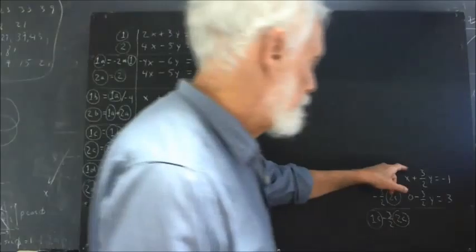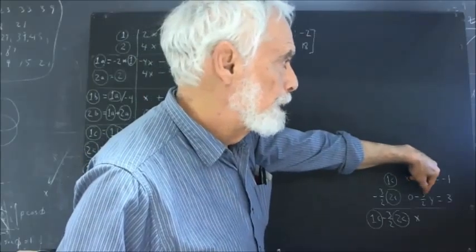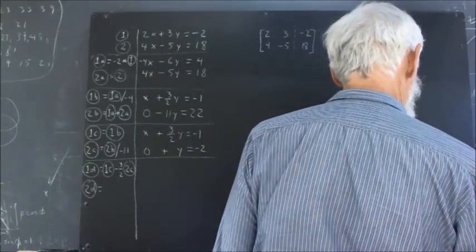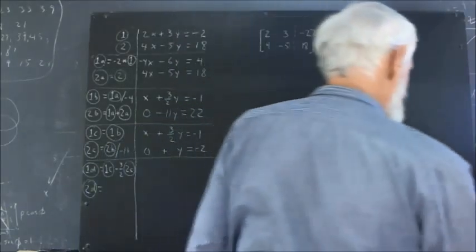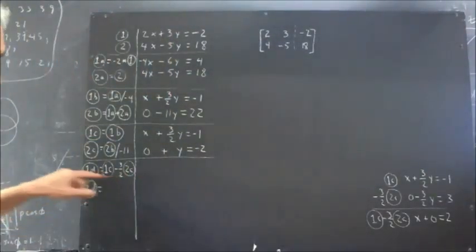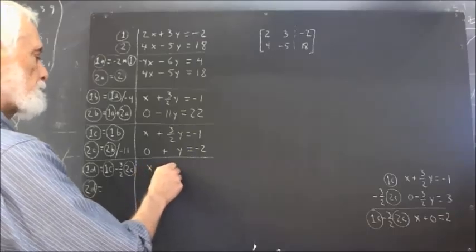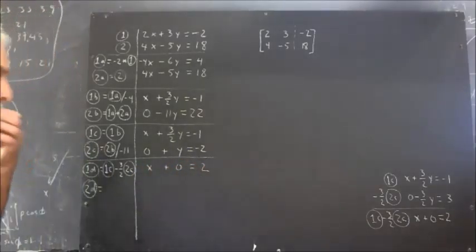Okay, just to be sure, x plus 0 is x. 3/2 y and negative 3/2 y add up to 0. And negative 1 and 3 add up to 2. So my 1d equation is going to be x plus 0 equals 2.